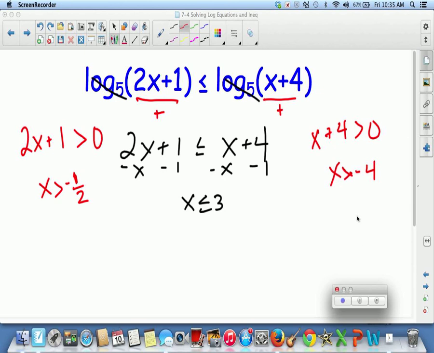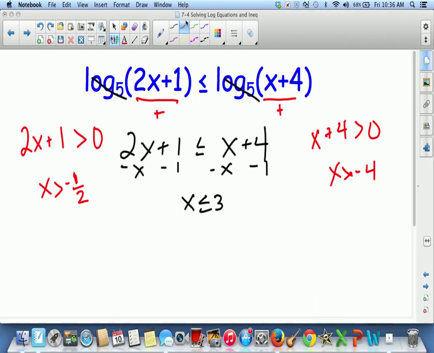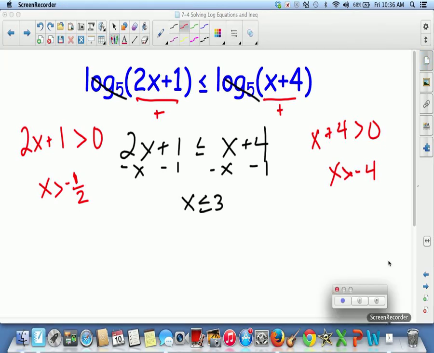Put 3 in there. So you should decide if you're going to use greater than a -1/2 or greater than a -4. So let's choose something greater than a -4 but less than a -1/2, just to see if -4 works. So for example, you could try -3 or -2. Will it work? No, it doesn't.